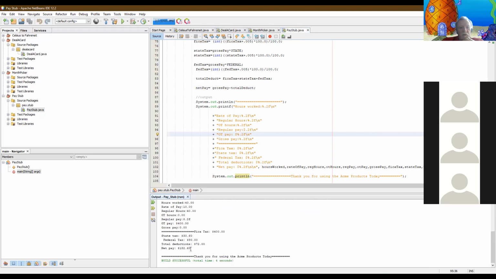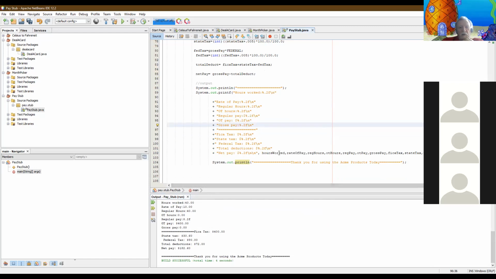So then keep going. Look at your gross pay. And then you're missing another percent sign under regular pay. Hours worked, rate of pay, regular pay, overtime pay. Then you've got regular pay again. Rate of pay, regular pay, gross pay is there.